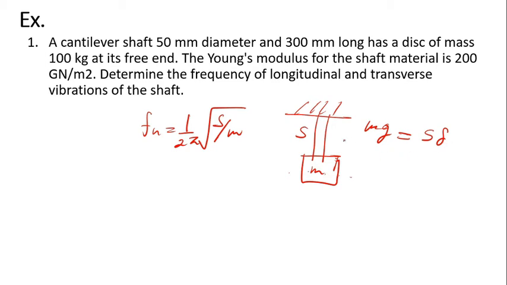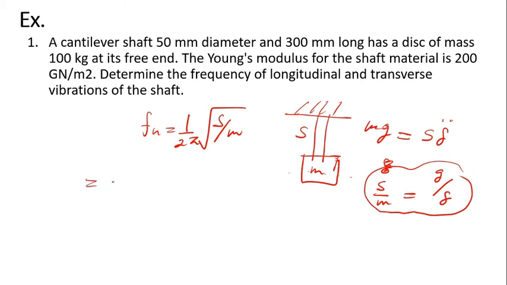So here delta is the static deflection of the system, of the shaft. So we can write an expression for S over M. S over M equals g over delta. So we can substitute it in here, g over delta.